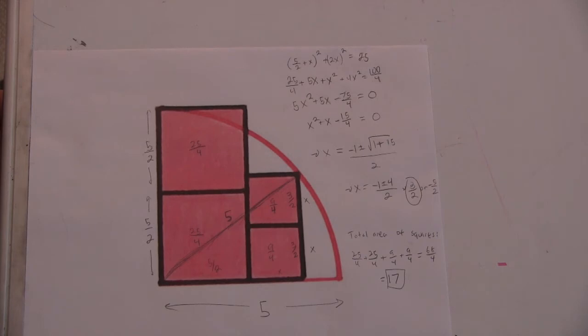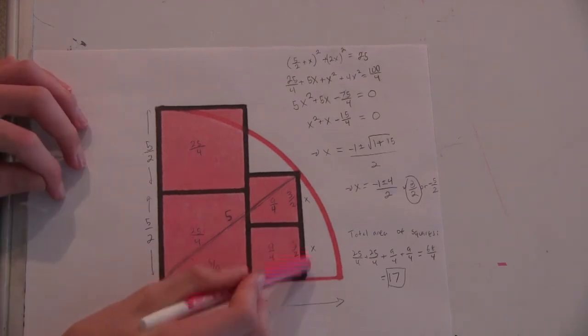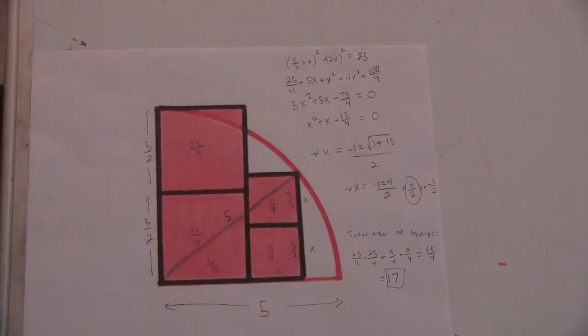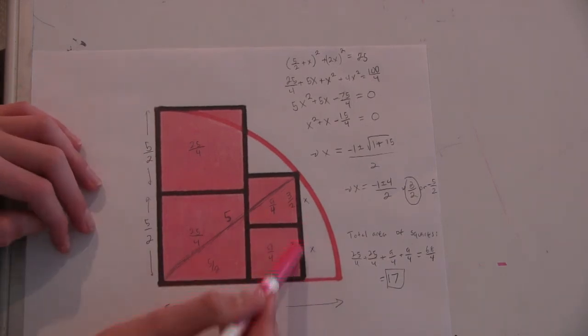And so we get minus 1 plus or minus 4 over 2. These are the two values which could be the length of our small square. But since minus 1 minus 4 over 2 is negative, we have to choose the other one. And that ends up being 3 halves.